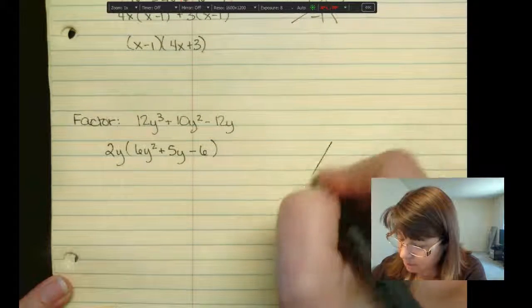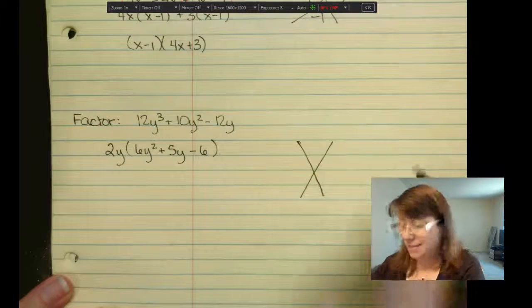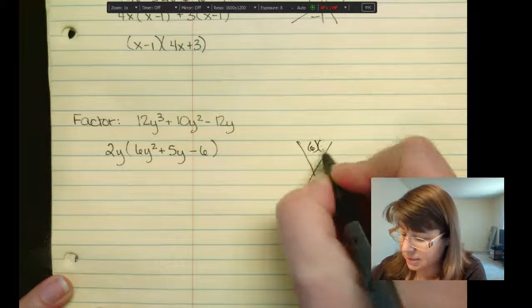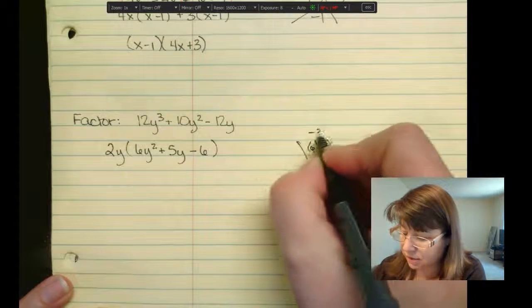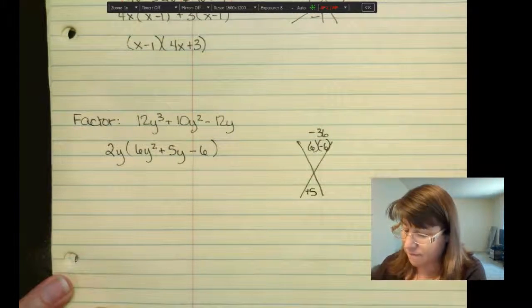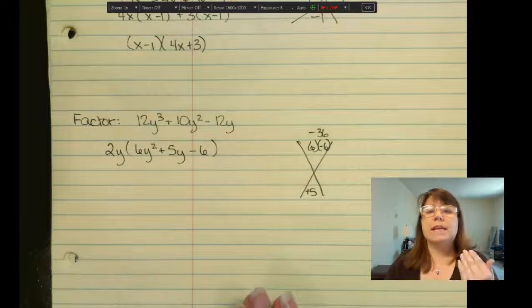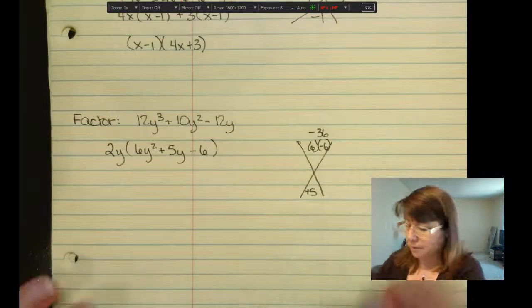So using my method, it is 6 times a negative 6 gives me a negative 36, and I need to add to a positive 5. That definitely tells me that my larger number is going to be the positive number.